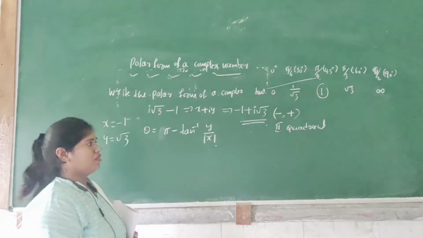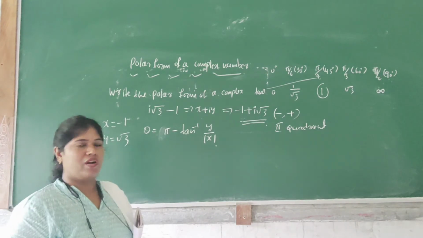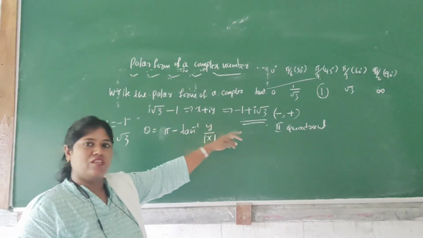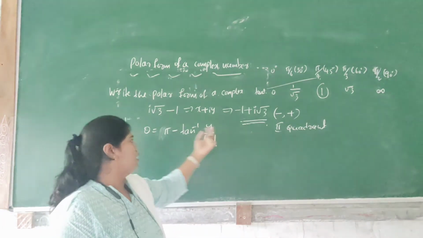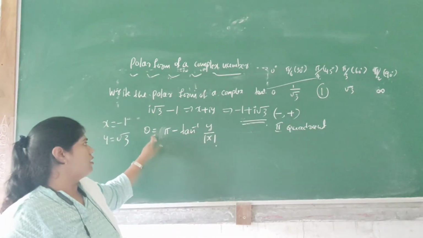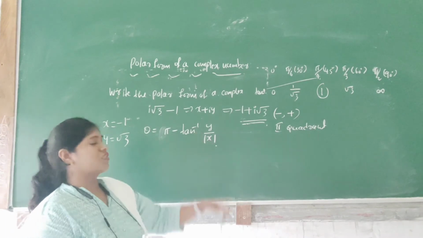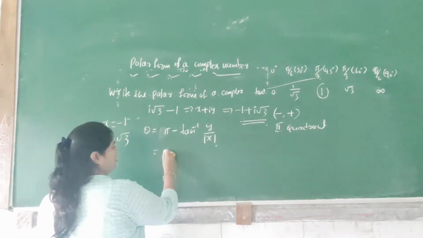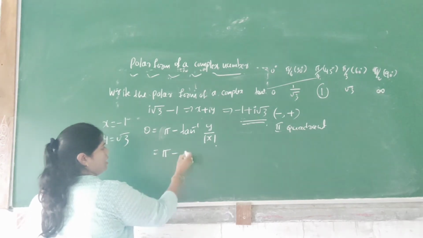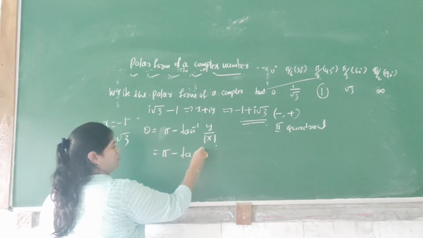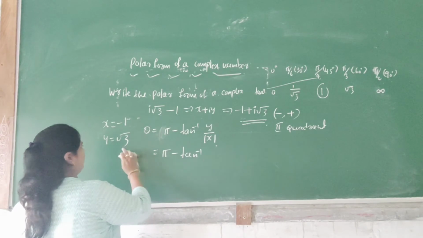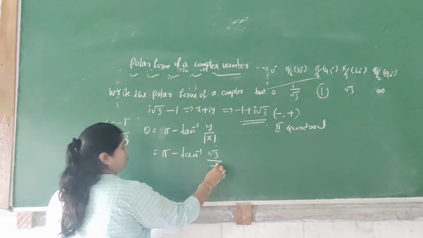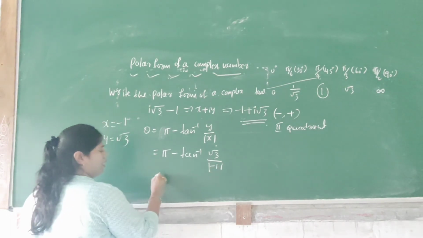We have done all this according to the quadrants. First quadrant, theta is equal to tan inverse of y by x. Second quadrant, theta is equal to pi minus tan inverse of y by x, like that. So pi we keep as it is, minus tan inverse of, what is the y value? y is root 3, okay? x is minus 1, okay?